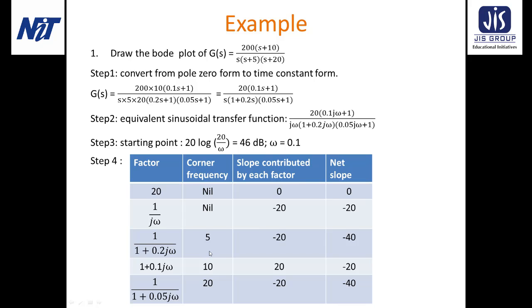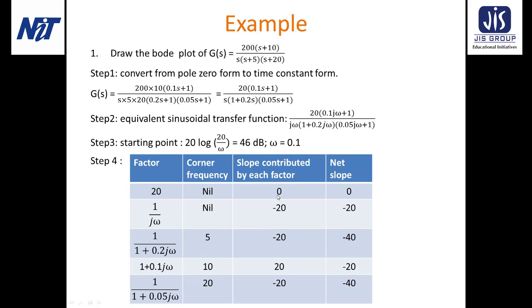Next we need to find out the slope contributed by each factor. And as we know from the previous lectures and the previous videos, I have shown why the slope for this 1 by j omega is equal to minus 20 and why this slope is 0.